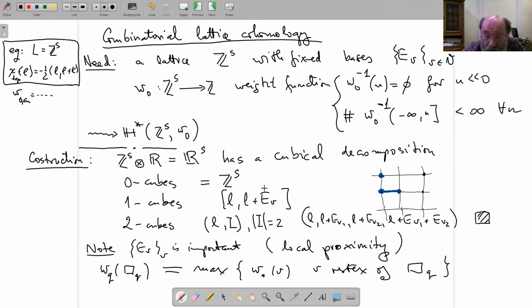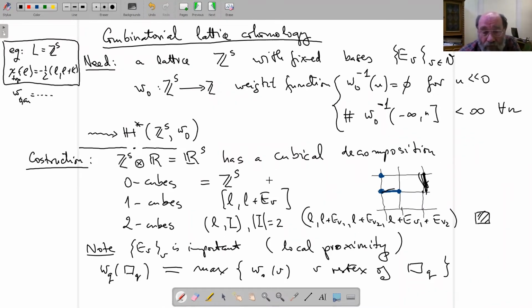Here the choice of the basis is very important: a 1-cube is an L and L plus a basis element in some direction, for example this segment. These are the 1-cubes, and then we have the 2-cubes, which are L, L plus E_a, L plus E_b, and L plus E_a plus E_b. So we have a natural and, of course, very naive cubical decomposition.